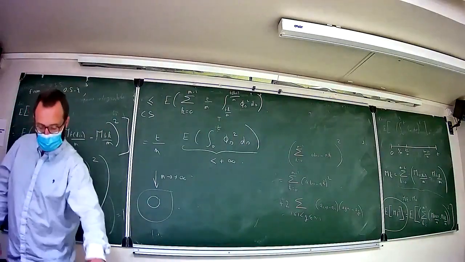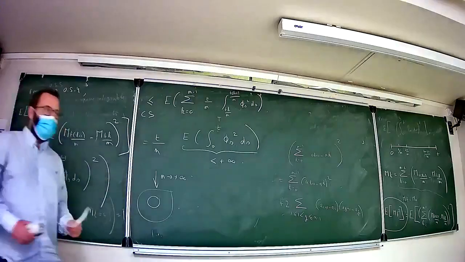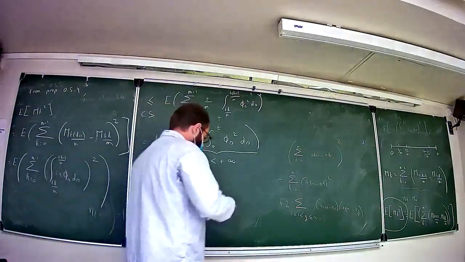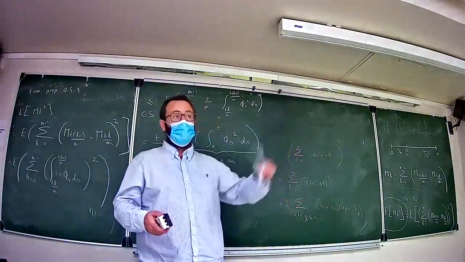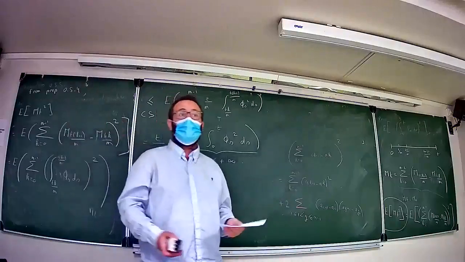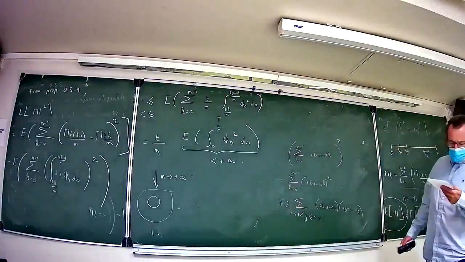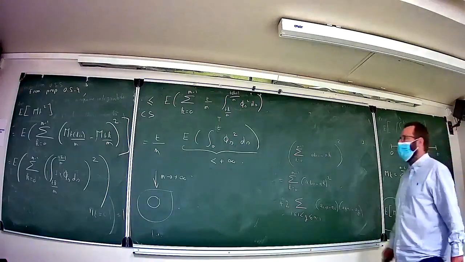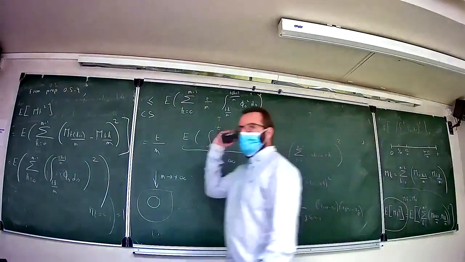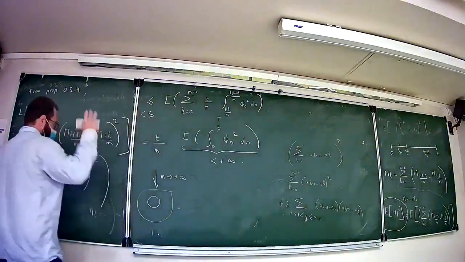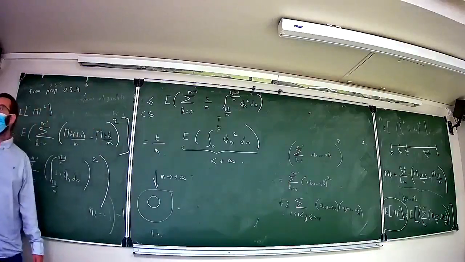So I state the theorem that I will admit, and I don't even have the proof in my lecture notes, because I would need more and more on martingales in order to do it. Maybe you have a reference at the end of the chapter, but whatever, it's not necessary for my course. So may I erase everything?